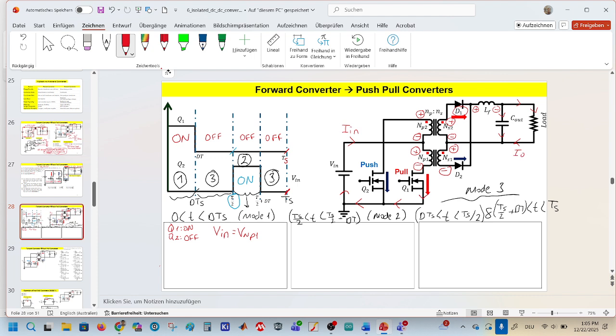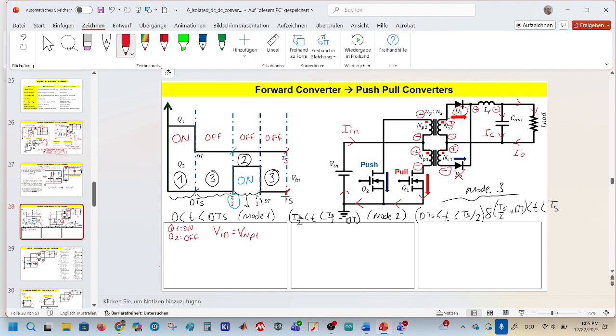This would be output current, and this would be our capacitor current. What happens on the NS1? We have the polarity here plus, and here is the negative. That means there is no current flow on the second diode.